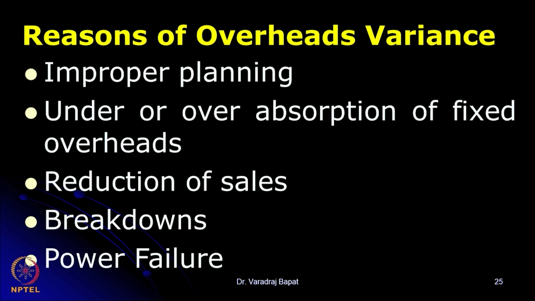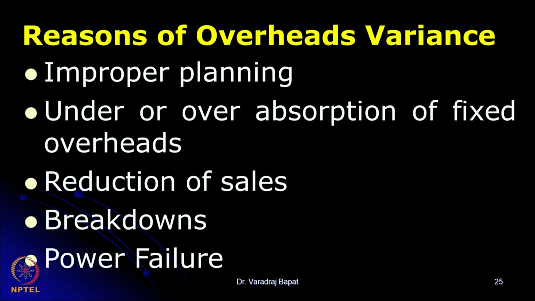They are known as overhead variances. They may happen because of reasons like wrong planning or over absorption or under absorption, which happens due to extra units produced or less units produced than what was budgeted. Sometimes reduction of sales. Now you may wonder why reduction of sales can affect overheads.